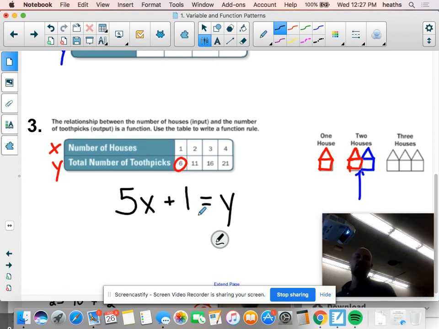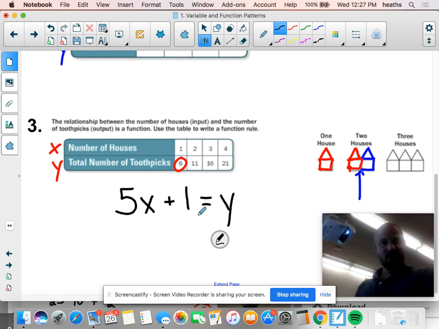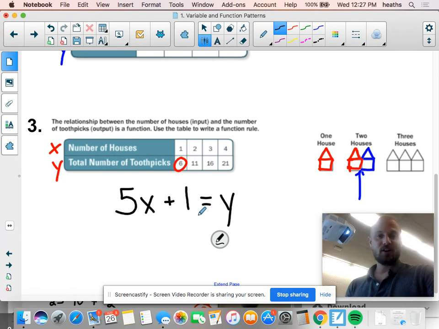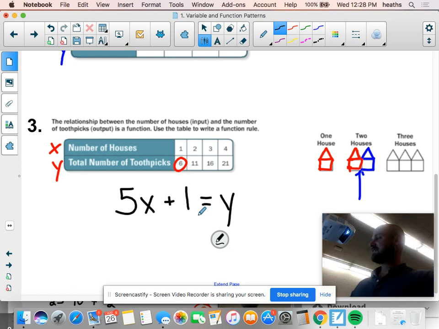Plus 1. Okay, so it goes up by 5, except that first house has an additional toothpick, making it 6. After we start off at 6, then from there on, it goes up 5 toothpicks per house. So we need to account for that additional toothpick up front. Your answer is going to be 5x plus 1 equals y.